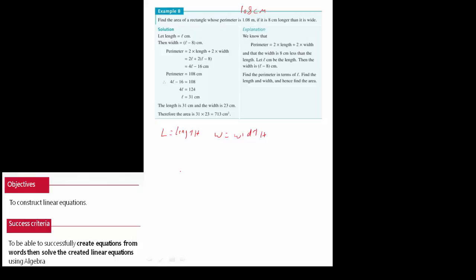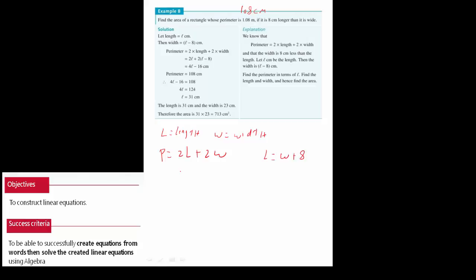We know that the perimeter equals 2 length plus 2 width. Now they are telling you that the length is the width plus 8. So it's 8 centimeters longer than the width. This is the relationship.